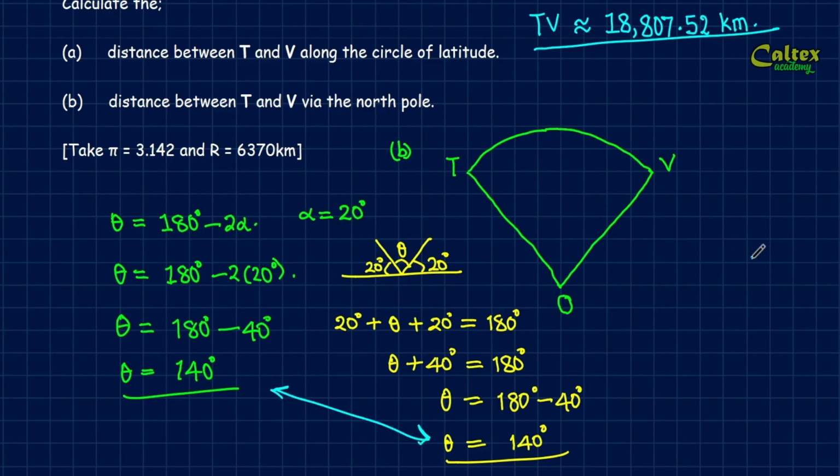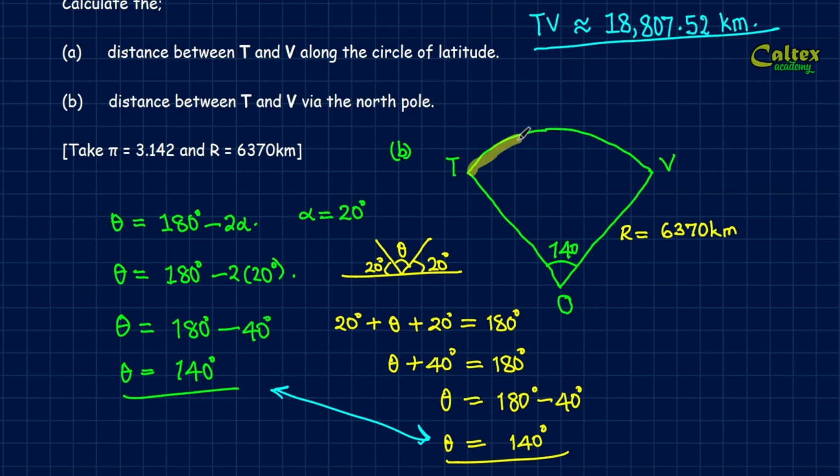After doing that, what we have to do next is to make sure that our theta here is now known to be 140, and the radius of the Earth, R, we know is 6,370 kilometers. So we can go ahead and get our distance here.